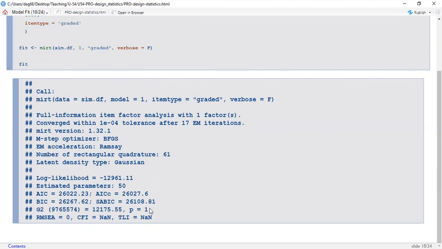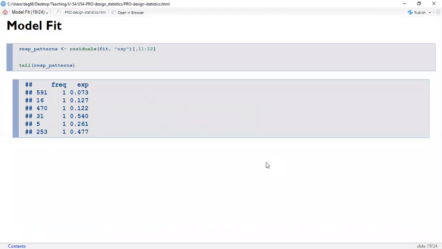So here we would conclude that it fits, it's not statistically different from a saturated model. So we might say that's great. We feel like we have a good fitting model. We can also see the RMSEA is 0. We don't have the CFI here yet. We could calculate that.